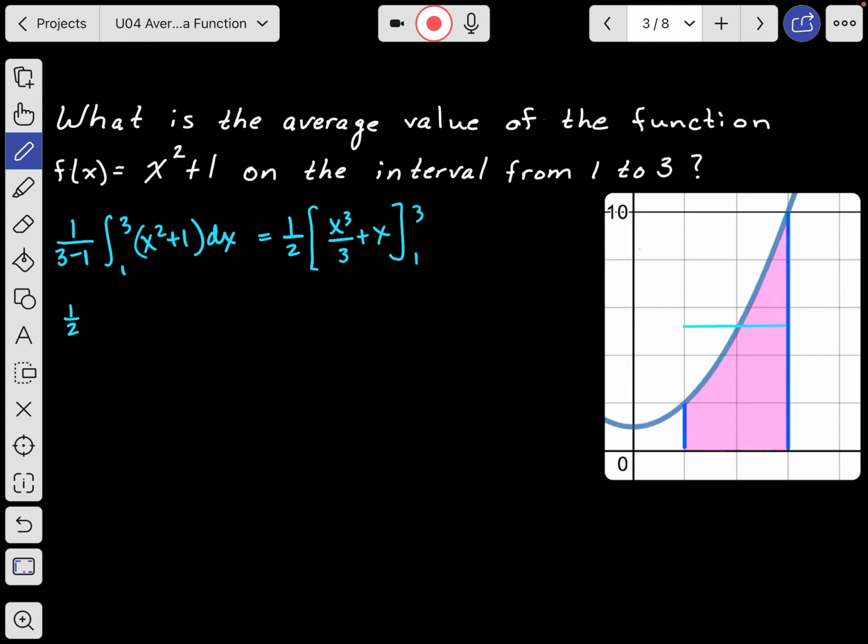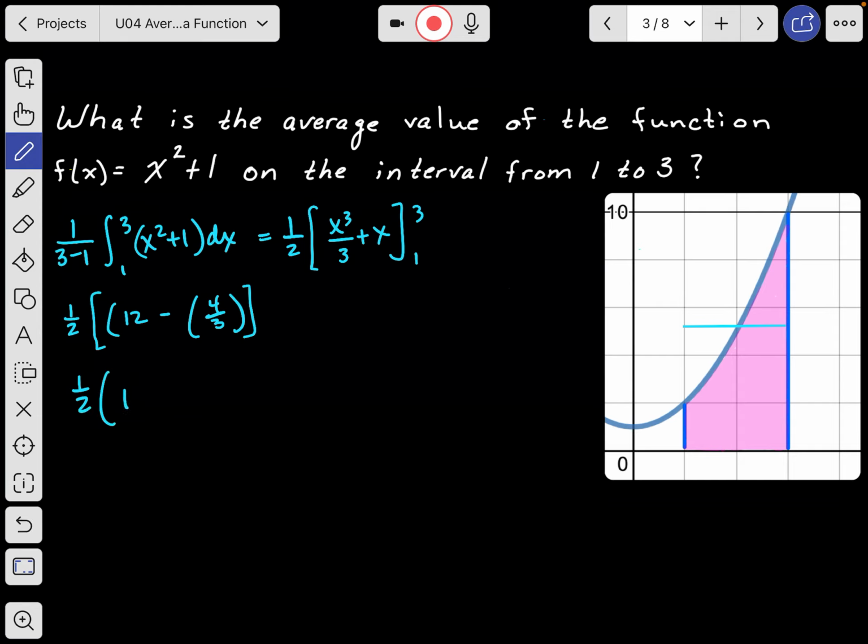All right, so this is going to be 1/2, and if I substitute in a 3, 3 cubed is 27 over 3 is 9, plus 3 would give me 12. And then I'm going to subtract, if I substitute in 1, 1 cubed is 1 over 3, so that's 1/3 plus 1, and so that would be 4/3. Okay, so I need a common denominator.